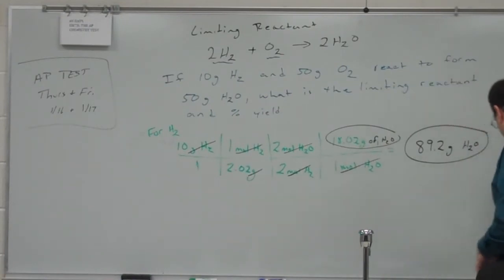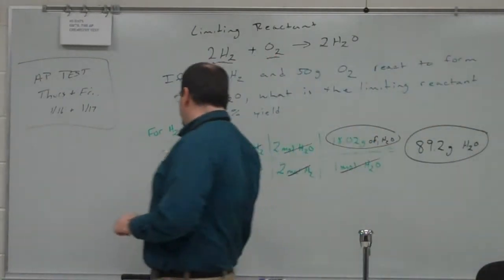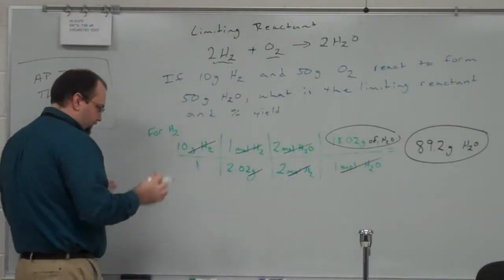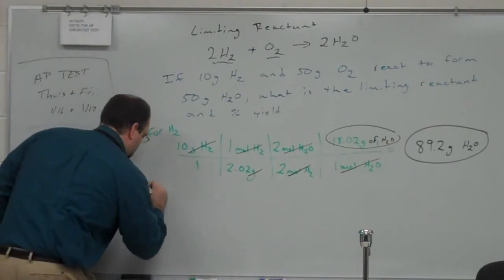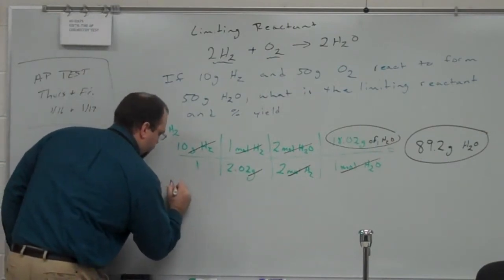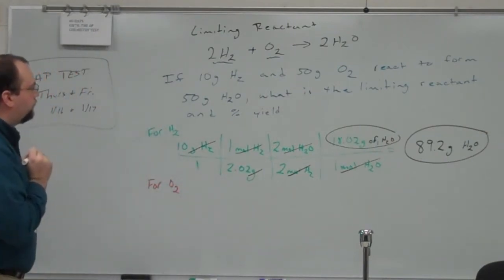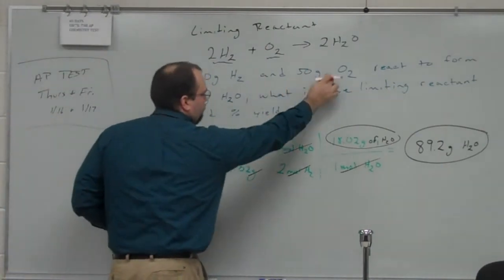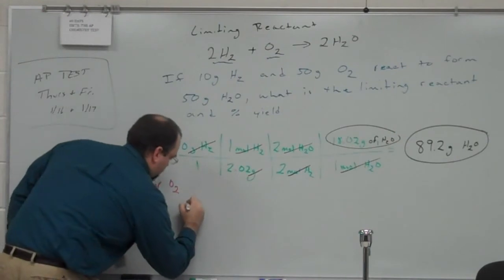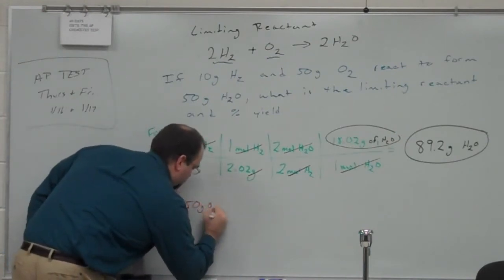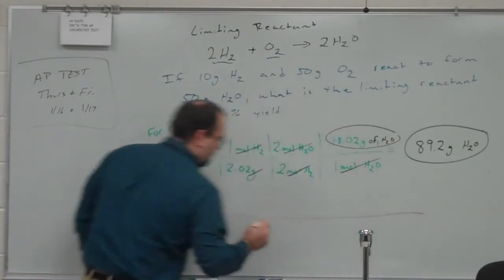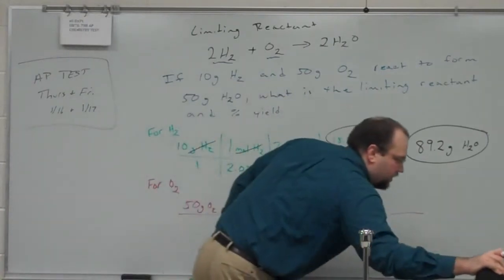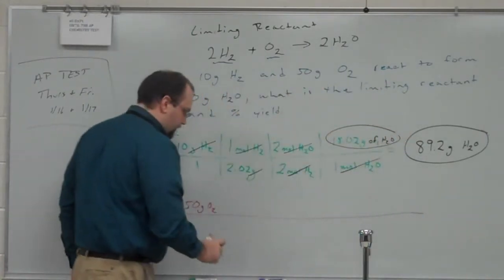So let me do the other one with oxygen. Let me grab a red marker, very Christmassy. It's not really Christmas time, but okay. So for O2 I have 50 grams, 50 grams of O2. Let me kick this chair out of the way so it doesn't block you.